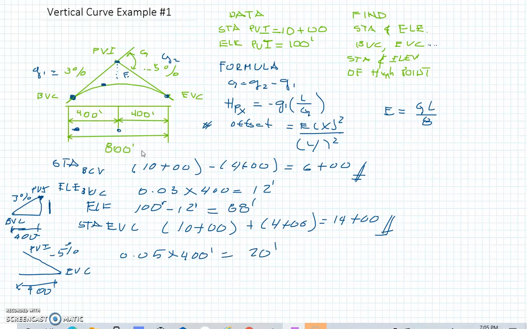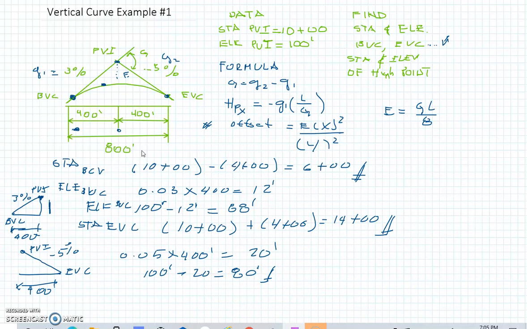The elevation of the PVI is 100 minus 20, which is 80, plus 20, 100. And this is my elevation. I have my elevation of the end of the curve and also my elevation of the beginning of my vertical curve, and that's what the two questions request.